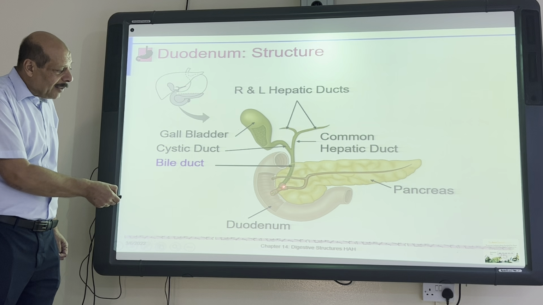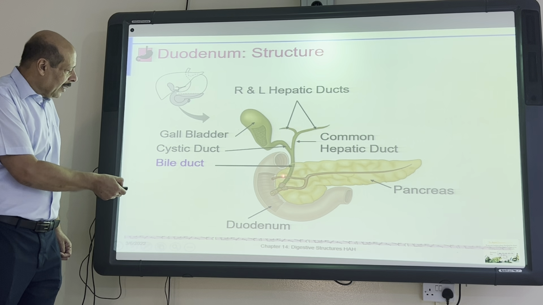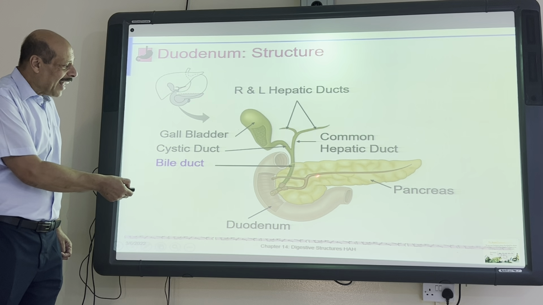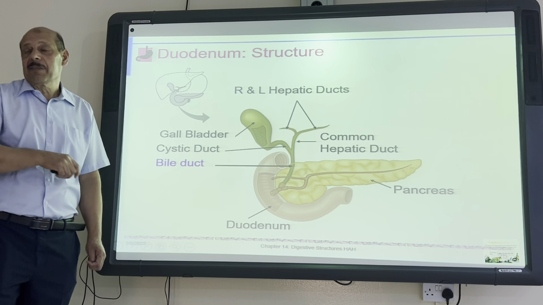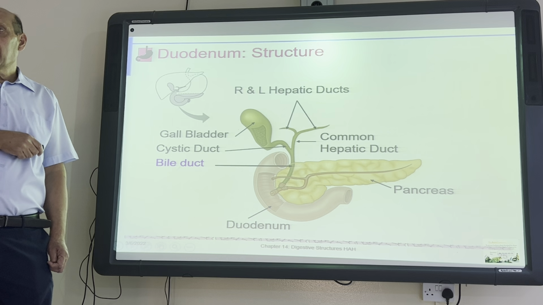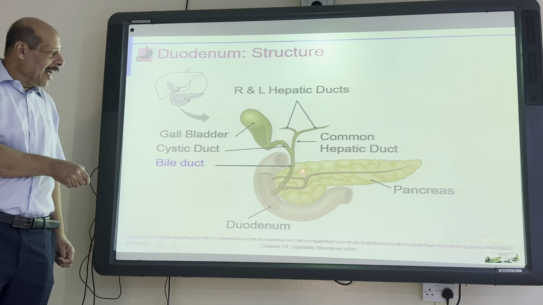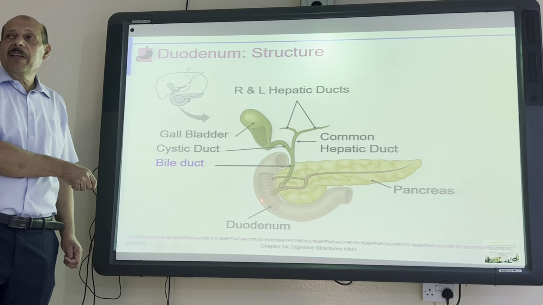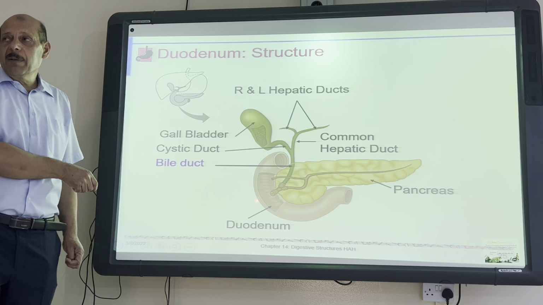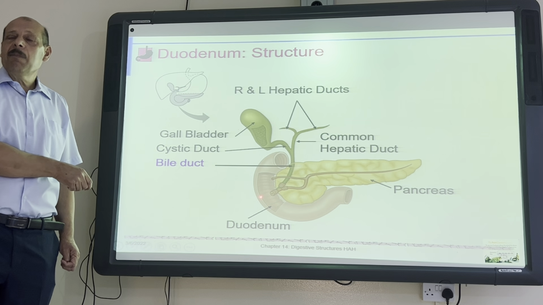See here, both the bile duct and the pancreatic duct are joining together. The pancreatic duct and the bile duct join together and open to the duodenum within the same canal.